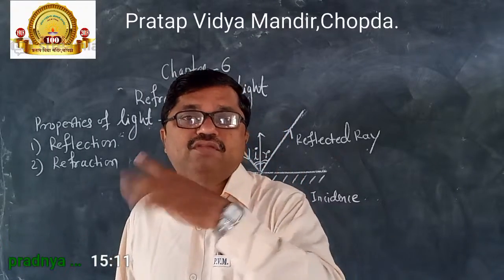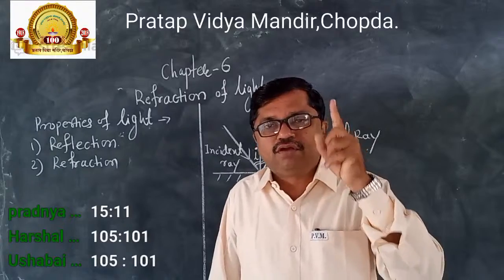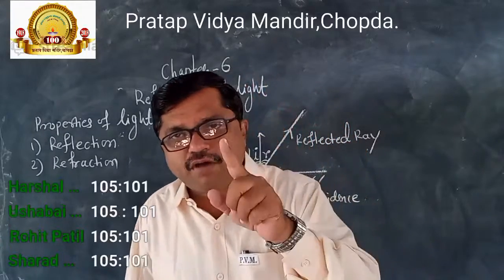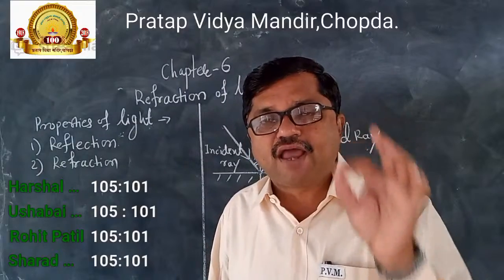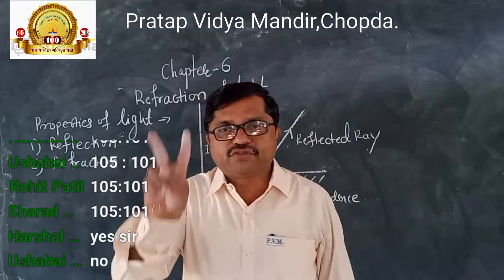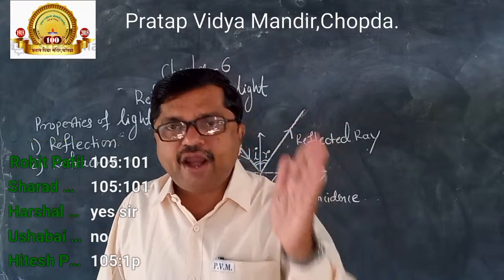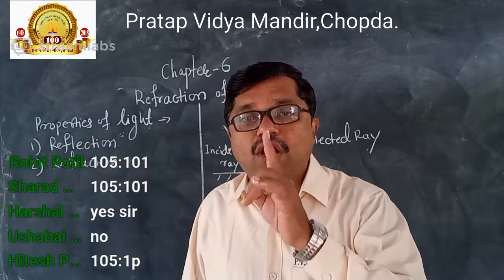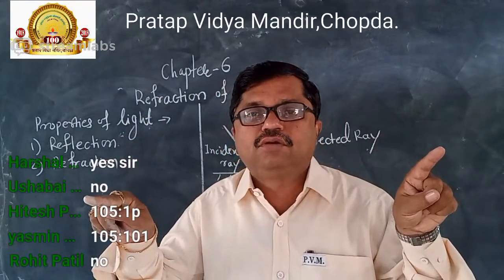Then we will start what is refraction. The first law of reflection is that the incident ray, normal and reflected ray always lie in the same plane. The second law is that the incident ray and reflected ray are always on the opposite side of the normal.